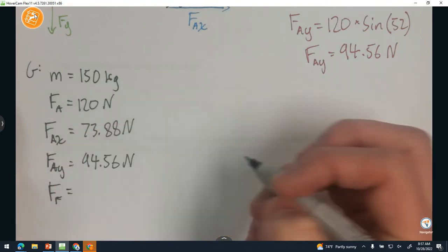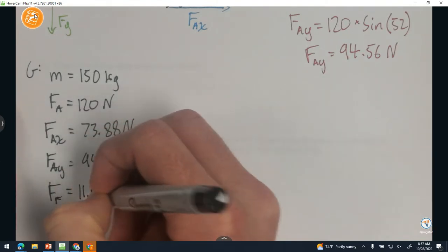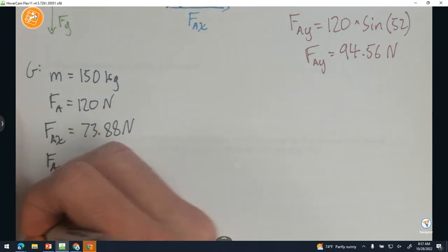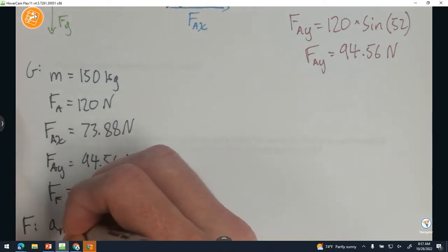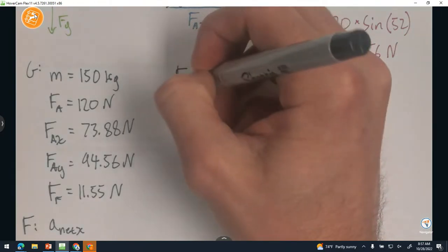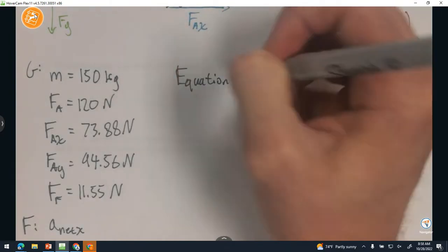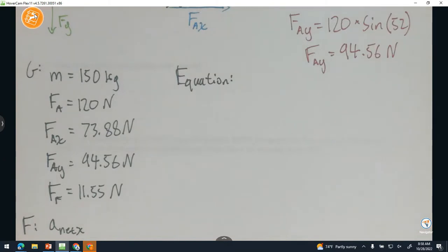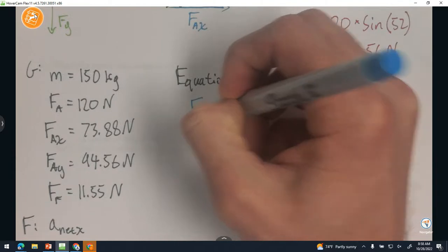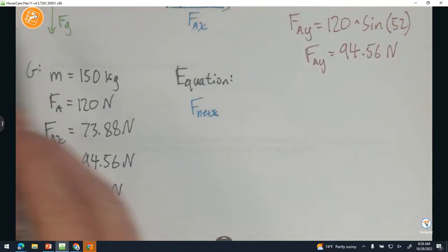All right, and then the force of friction, we've got FF is 11.55. We gotta hurry up a little bit here. And we're trying to find the acceleration net in the x direction. Okay, and then my equation will be my F net in the x direction.